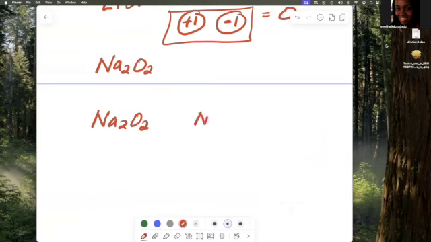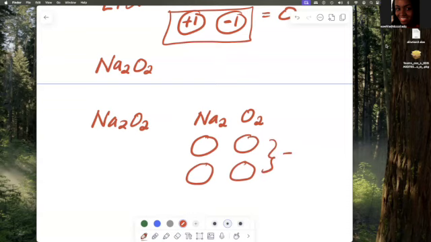In this formula, we have 2 sodiums attached to 2 oxygens. So I'm going to draw 2 circles to represent my sodiums and 2 circles to represent the oxygens. Remember, the total here must equal 0 because the whole compound has no charge, right? We know the charge of sodium is +1 and oxygen is -2, but let's keep going. Since the metal is a group 1 metal, we start assigning from left to right. According to rule 4A, each sodium has to be assigned +1.